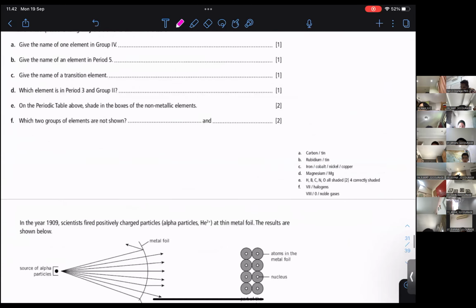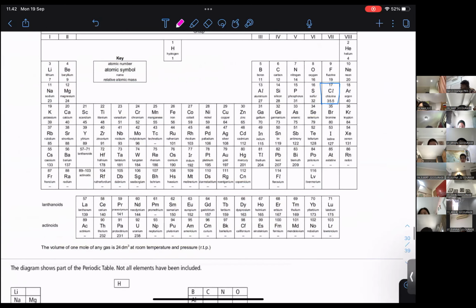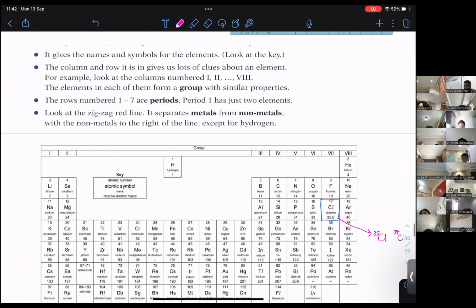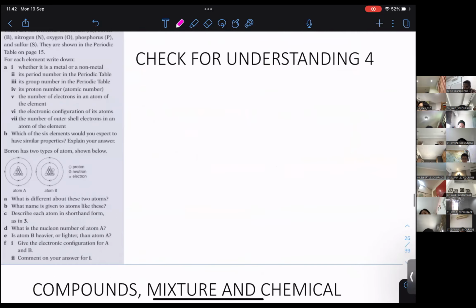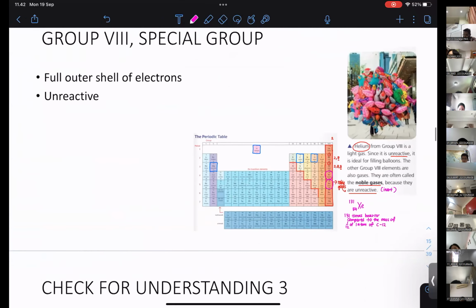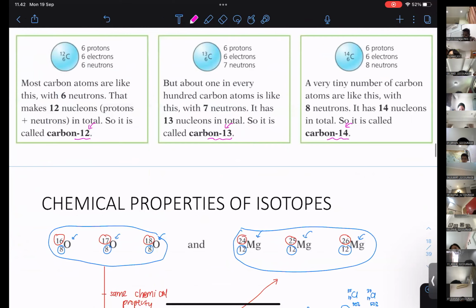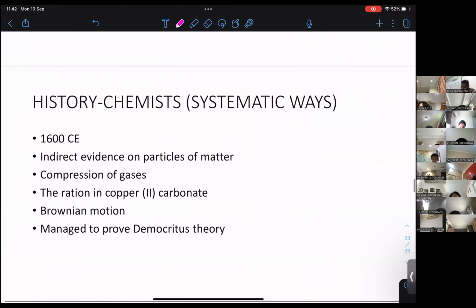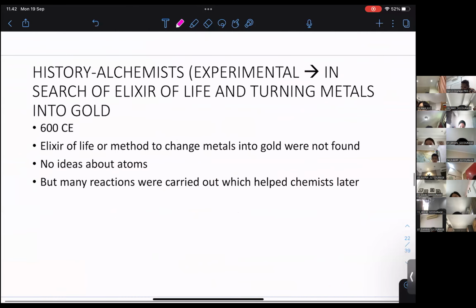Why is this one 35.5? Because of the abundance of Cl 35 and Cl 37. Which one is 25%? Which one is 75%? You can check again. The one that is closer to 35, there will be more of it, so that is going to be the 75%.